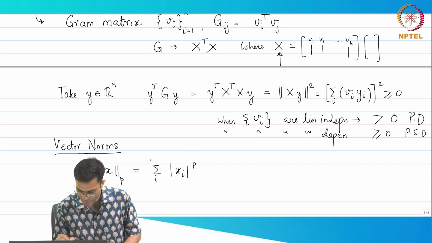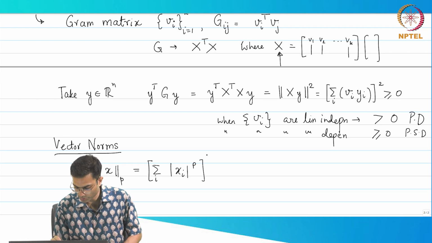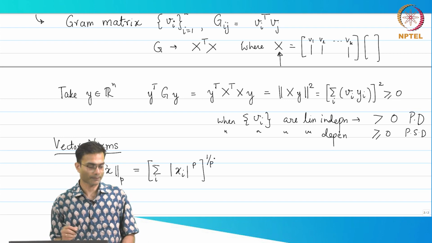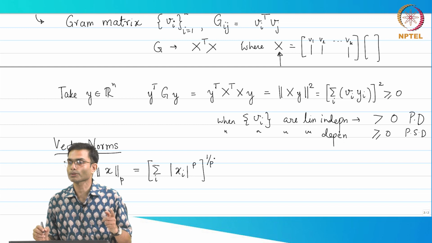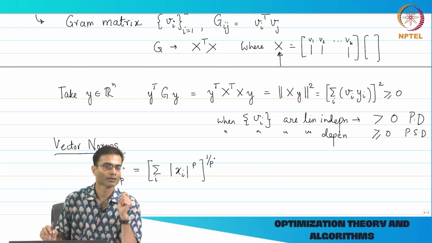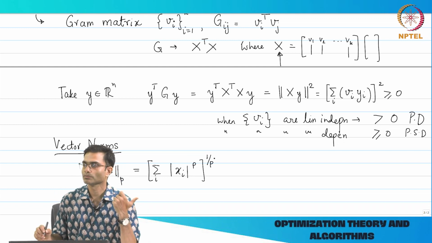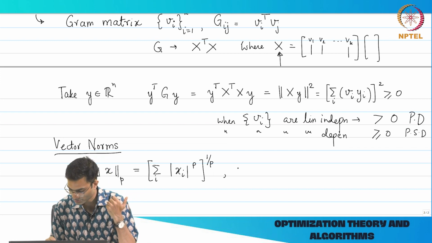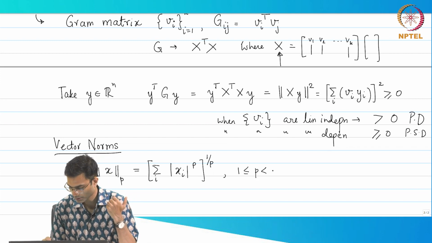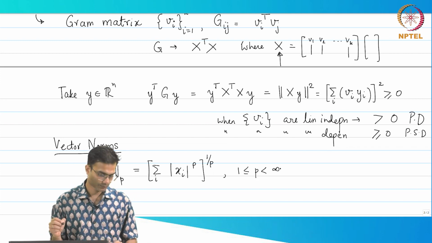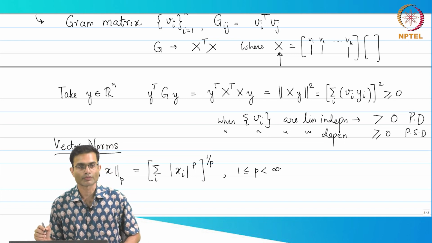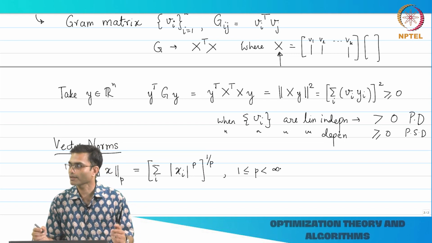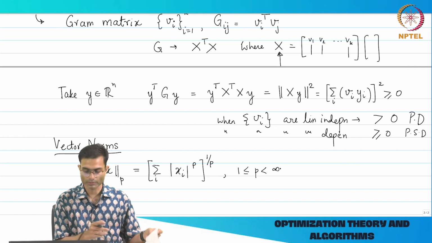The summation is over i, and the whole thing to the power 1 by p. There is one more important restriction. What is that? Can p take any value? Right. So this is 1 less than or equal to p less than infinity. When this is satisfied, this is defined as the p-norm of a vector.